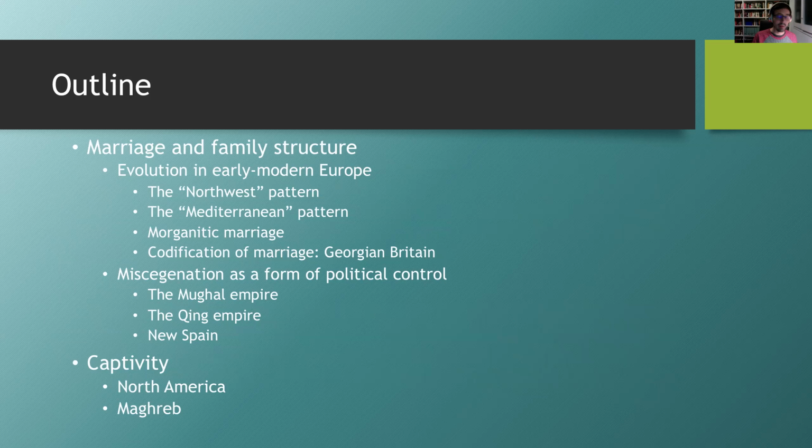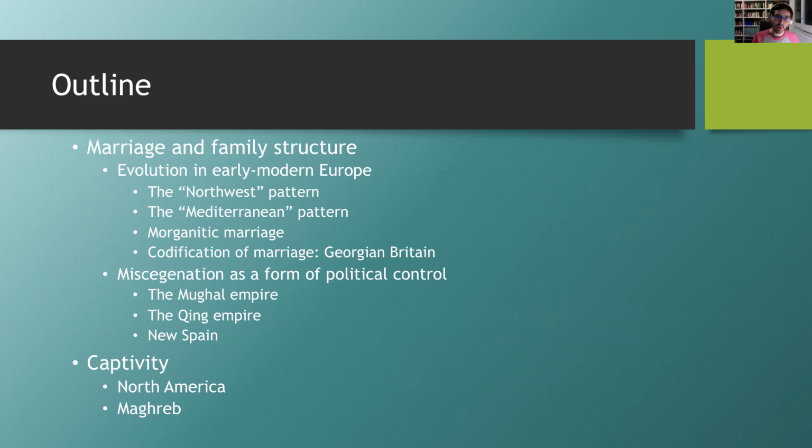Now, even though we're dealing with a global history course, there's absolutely no way that we can cover every single aspect of marriage and family structure in the time frame that we have for the course. Neither will it be possible to cover every single manifestation of marriage and family throughout the world.